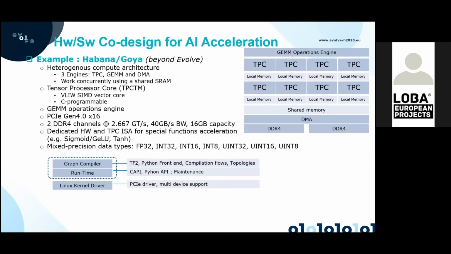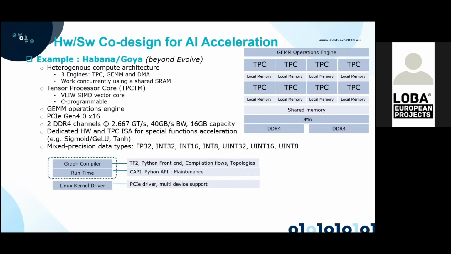It is not really done within the Evolve project, it is beyond the Evolve project, but I use it to illustrate one of the architectures mentioned previously, that is, an array of VLIW processors. In this chip, we have three different engines: the TPC, the GEMM, and the DMA.